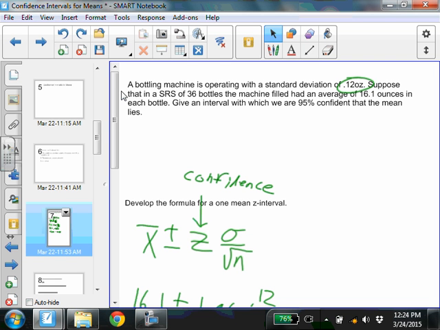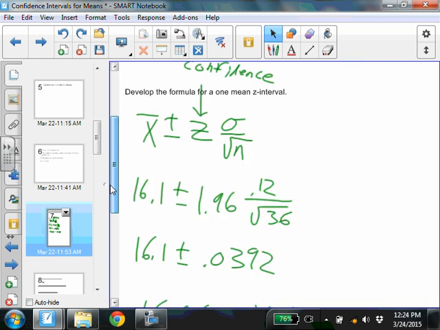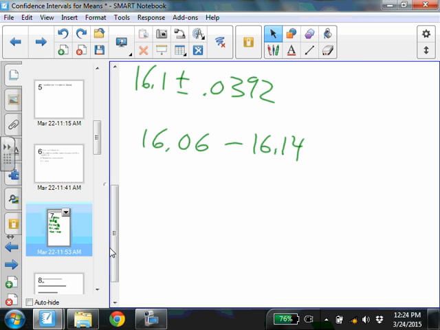That the true mean of ounces per bottle is somewhere in between 16.06 and 16.14.